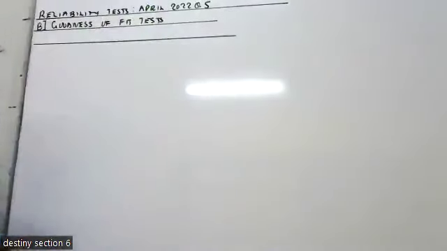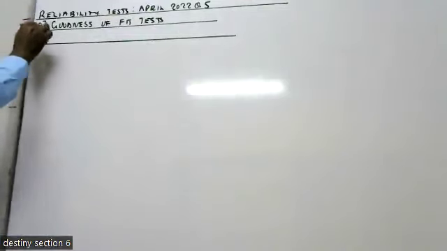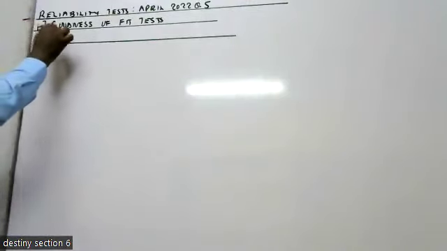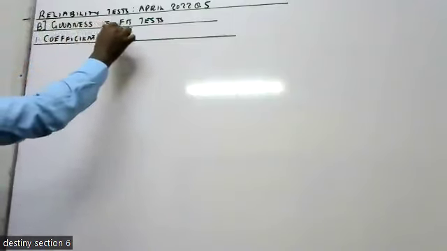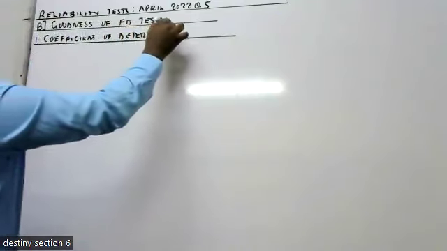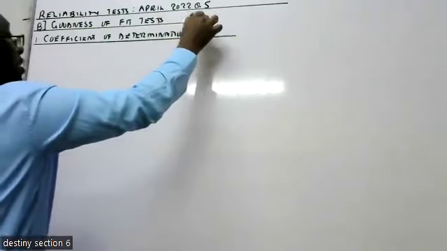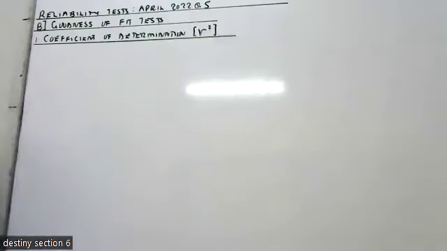Number one is called coefficient of determination, which is normally given as R squared.